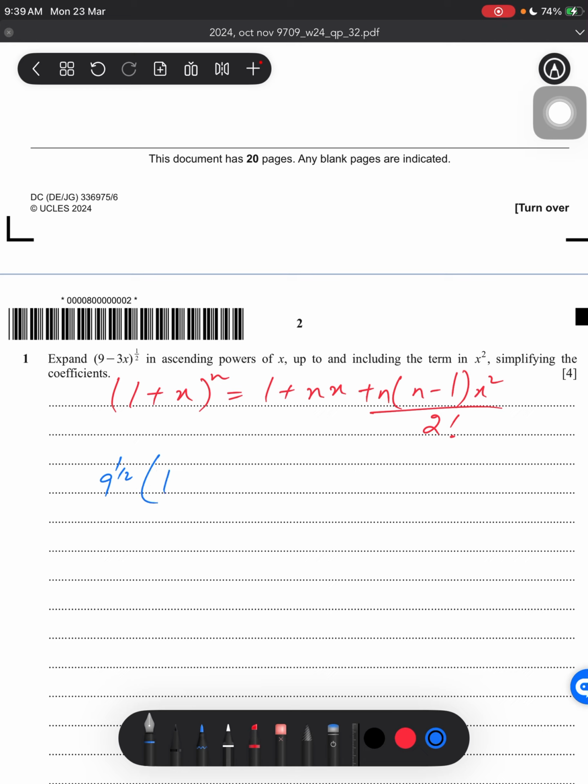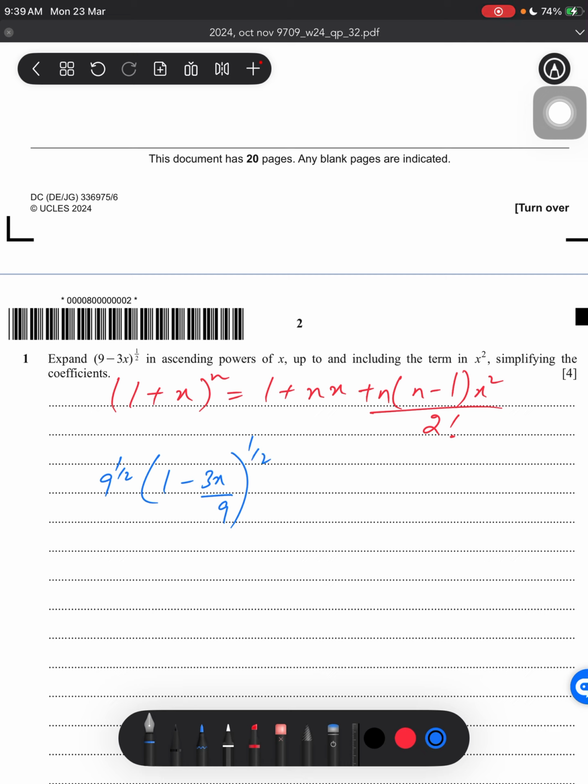This would create a trouble, because it was only x, and here we have 3x. We don't need to multiply 9 to the power half with the 3x, and that was minus. I'm writing 9 because this whole bracket has the power half.